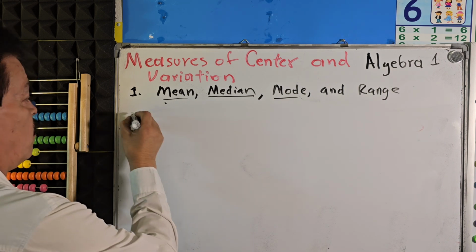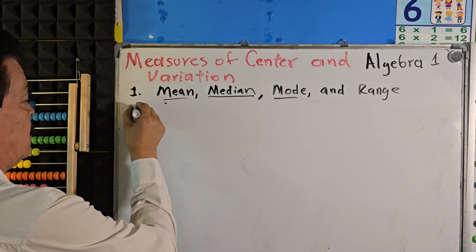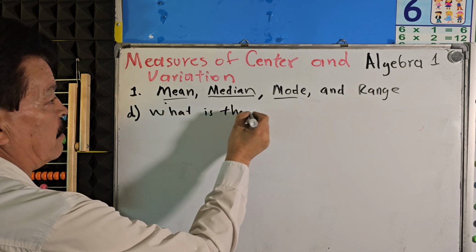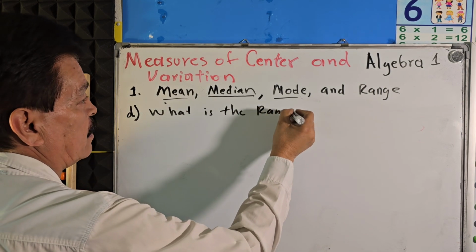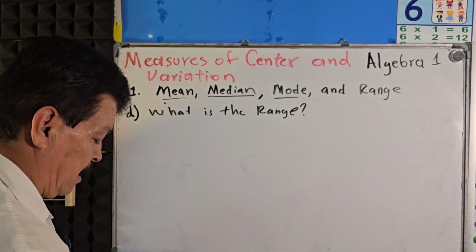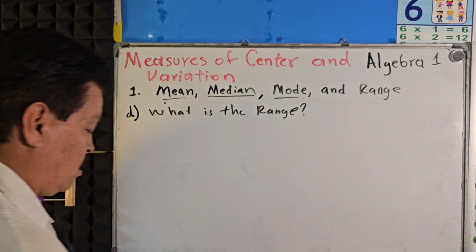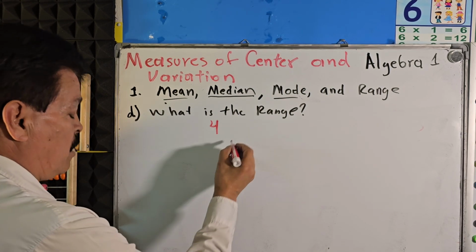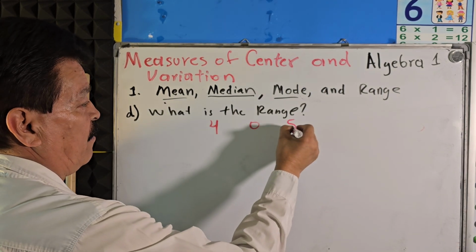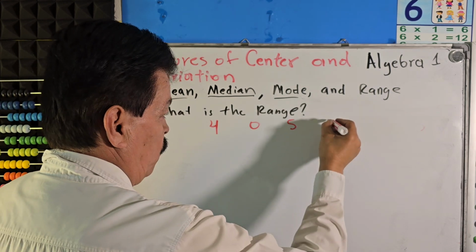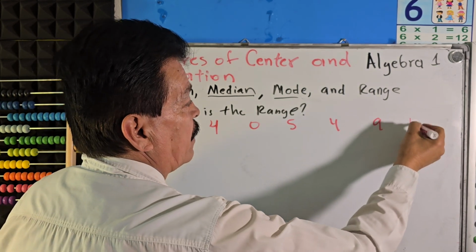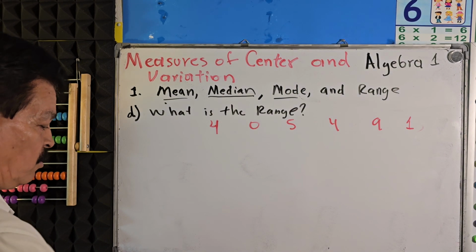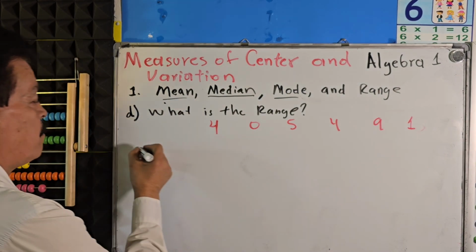So what is the range? Okay, what is the range? So let me give you some numbers here. Let's write 4, 0, 5, 4 again, 9 and 1. Those are the data. Let's write the main concept there. You have to remember this.